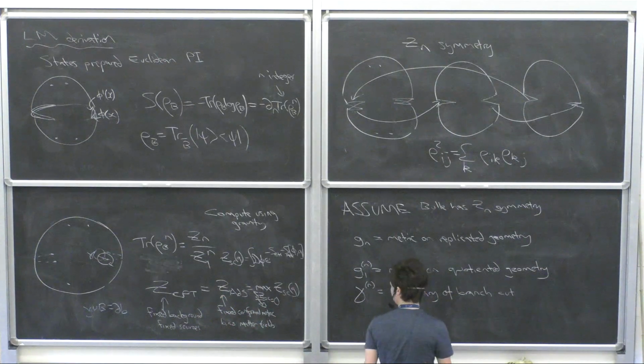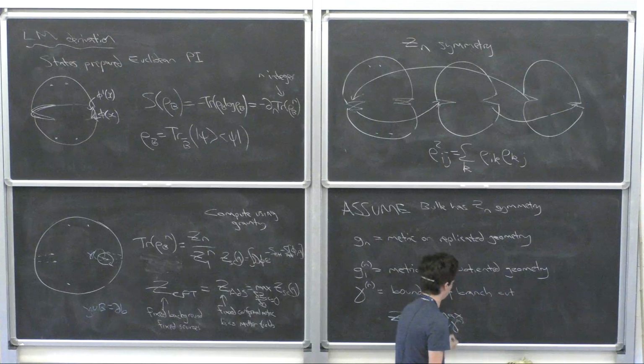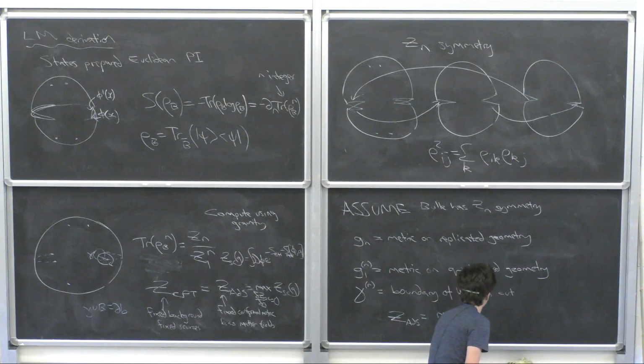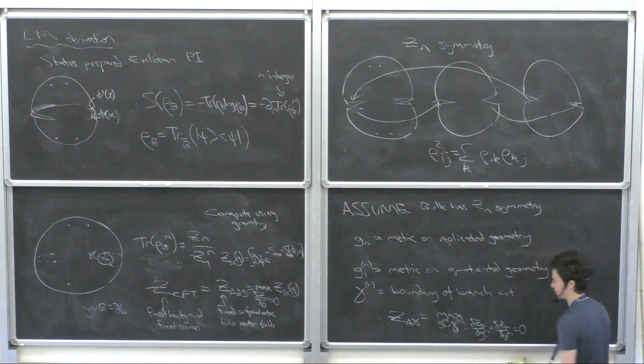Z_AdS as the max over G_1^n and gamma_n such that delta Z semi-classical by delta G and delta Z semi-classical by delta gamma_n are both equal to 0.